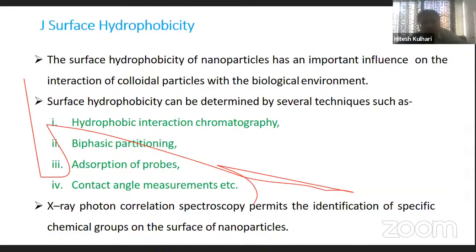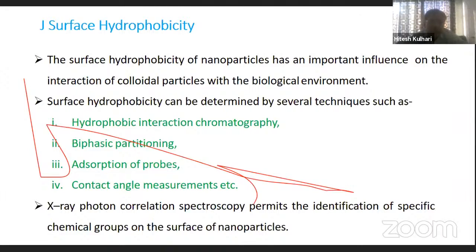We do not want the stent which has been placed into the arteries of the heart patient to absorb any proteins on its surface or interact with the biological system. Otherwise, those biological materials will block that stent. So in that case, surface hydrophobicity becomes more important. And we want a super hydrophobic material which can be designed using nanotechnology.